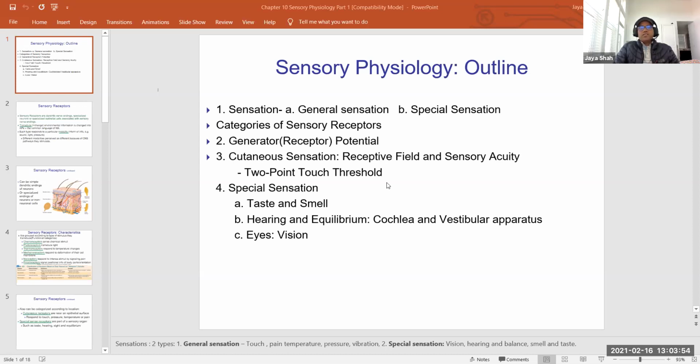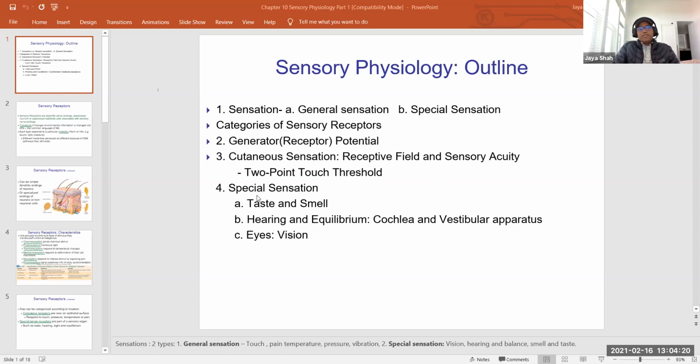To determine the sensitiveness of a particular skin area, we measure receptive field and sensory acuity of the skin. That is performed by the 2-point touch threshold using calipers. We will do that in the lab on Thursday too, okay?